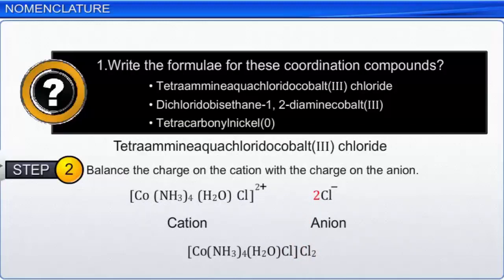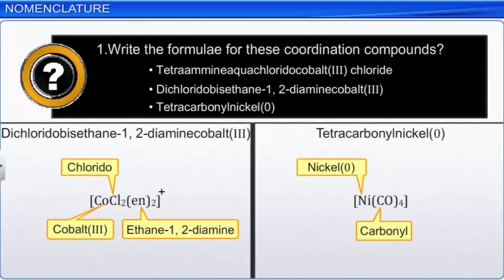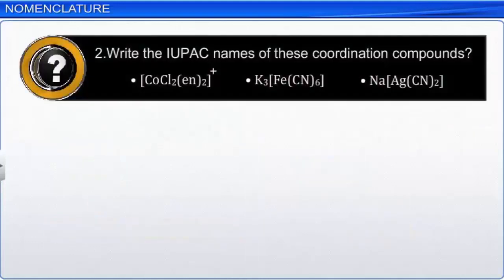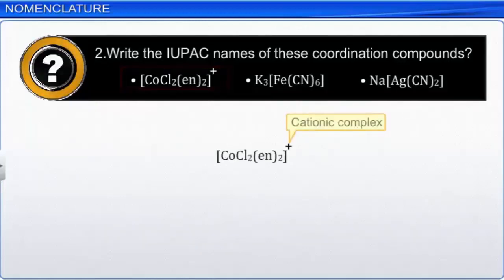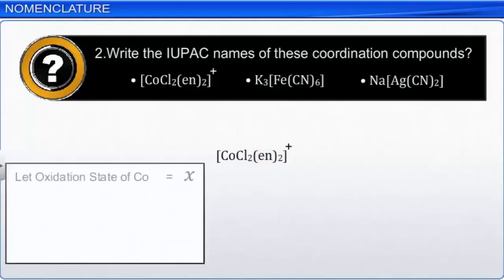Similarly, the formulae for the other two complexes are written as shown here. Coming to the second question. The first complex is a cationic complex and has two chloride ligands and two ethane-1,2-diamine ligands. The oxidation number of cobalt, as calculated here, is +3. Following the alphabetical order in naming the complex, chlorido ligands are named first, followed by ethane-1,2-diamine.